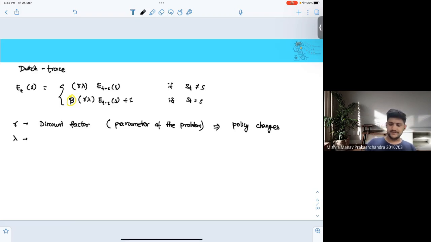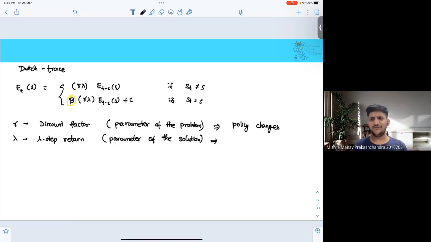And lambda is the parameter for the lambda step return, right? The return parameter. And this is a parameter of the solution, meaning any value of lambda that I take, I will eventually converge to the optimal solution.